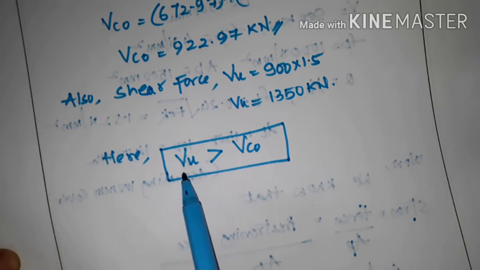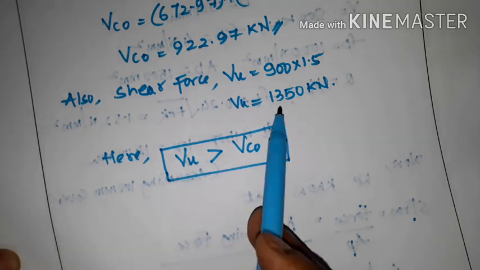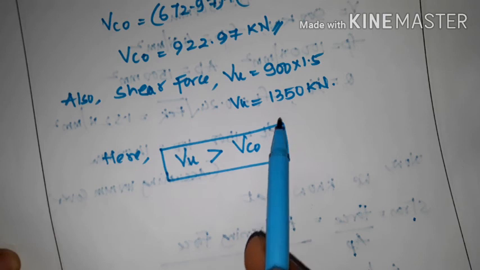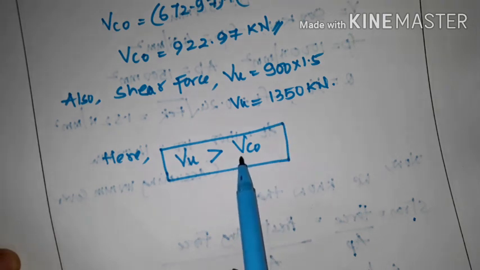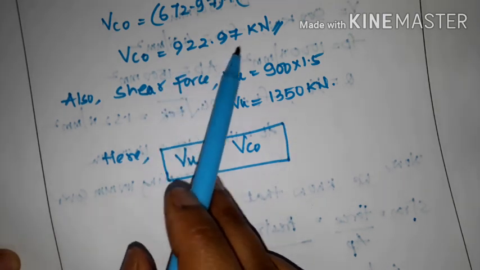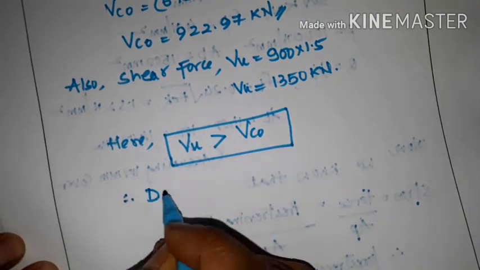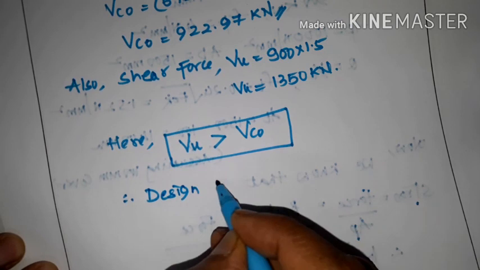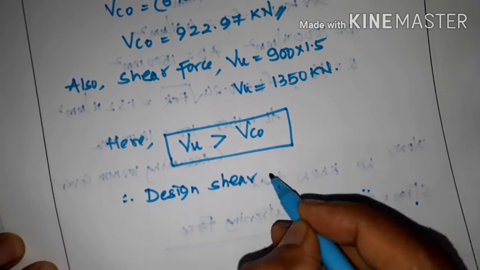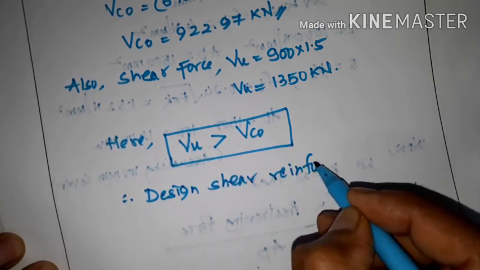Shear acting on beam, that is 1350 kilonewton, is more than its internal resistance or capacity, 922.97 kilonewton. So therefore design shear reinforcement.